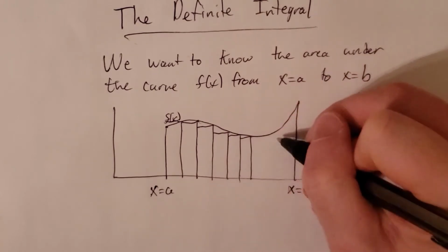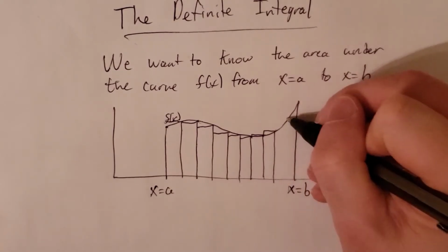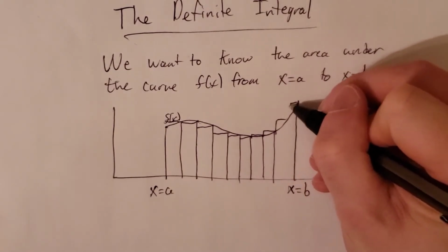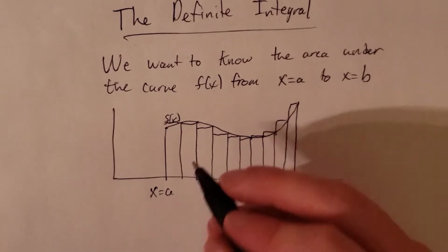And then we will add up the areas of these rectangles. And when we do that, we will get an estimation for the area under the curve f of x from x equals a to b.